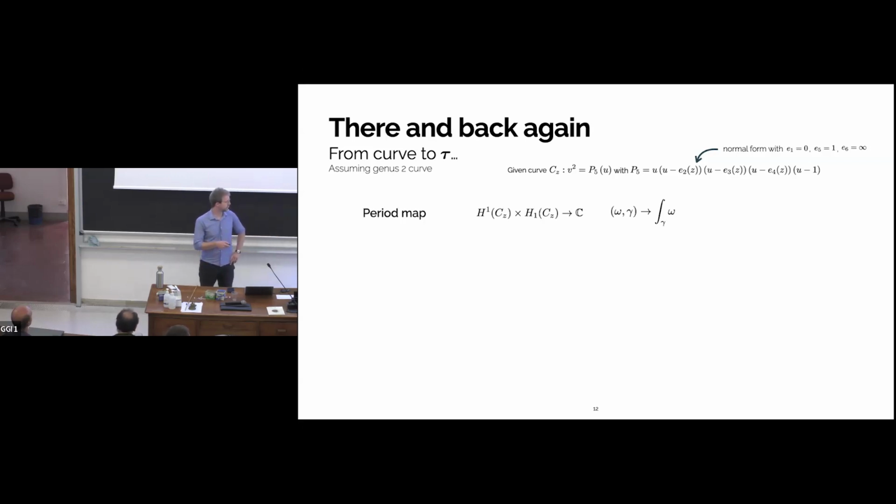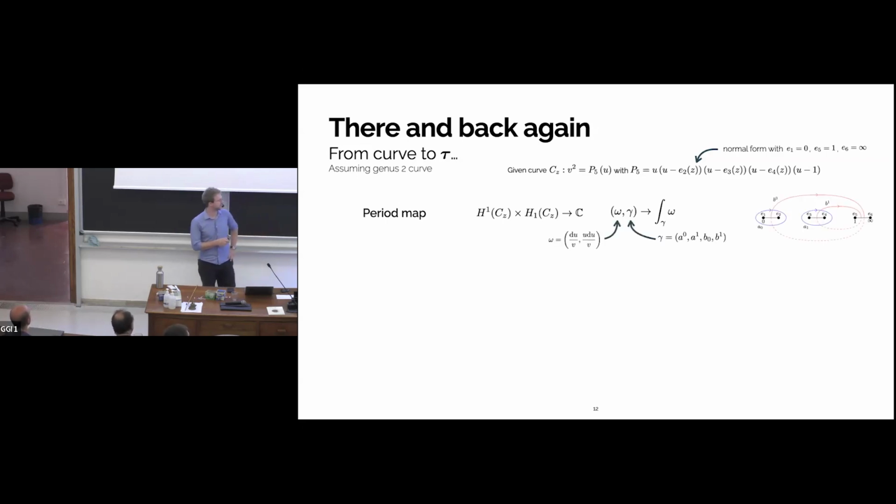You have the period map, which we had heard about earlier this week, where it's essentially just a pairing between, if you want, differential forms and contours, or the de Rham cohomology and Betti homology. But in the end, it's really just integrating certain differential forms over certain contours.